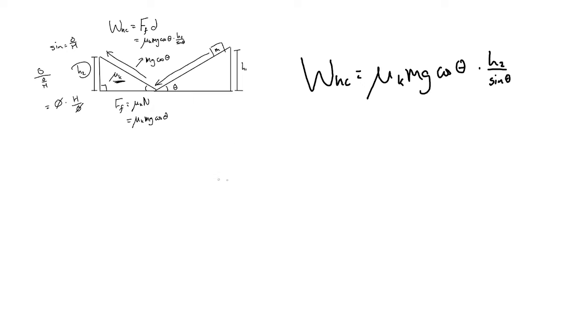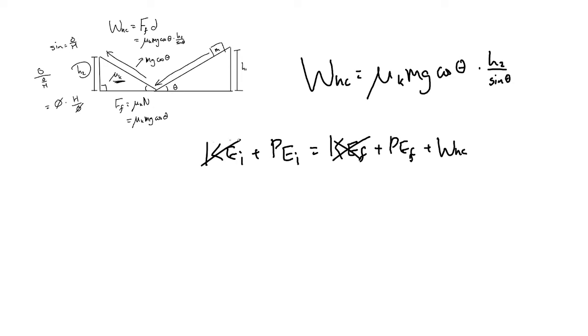So our equation is going to look like this. We have our initial kinetic energy plus our initial potential energy equal to our final kinetic energy plus our final potential energy plus the work done by non-conservative forces. We have no kinetic energy initially and in the final stage.